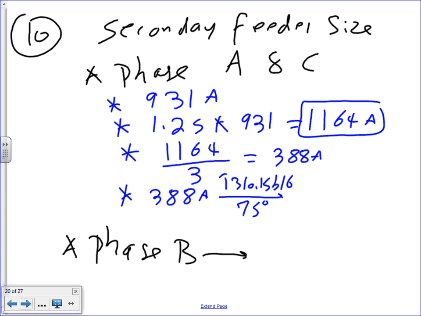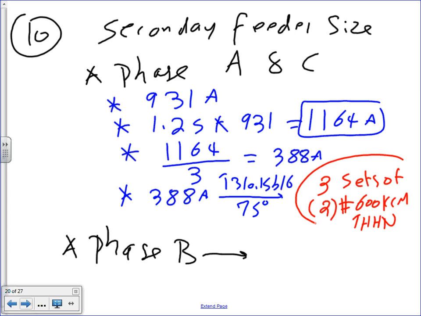This is how we're going to write it: 3 sets of 2 conductors. Each one of them is 600 kcmil. Let's assume it's THHN, though it could be almost any insulation rated for 90 degree or 75 degree.